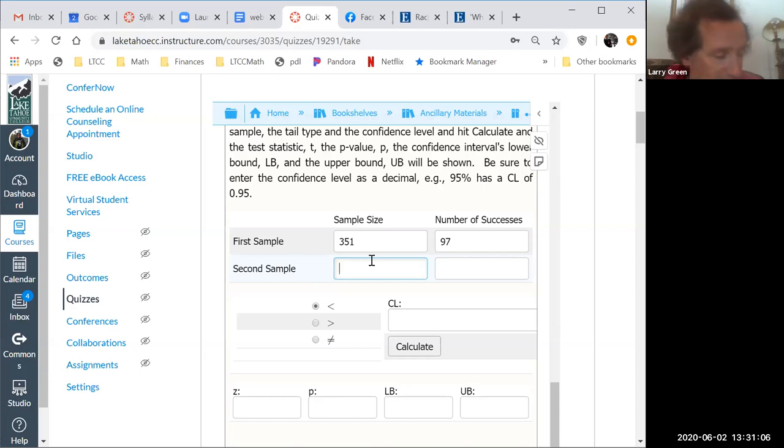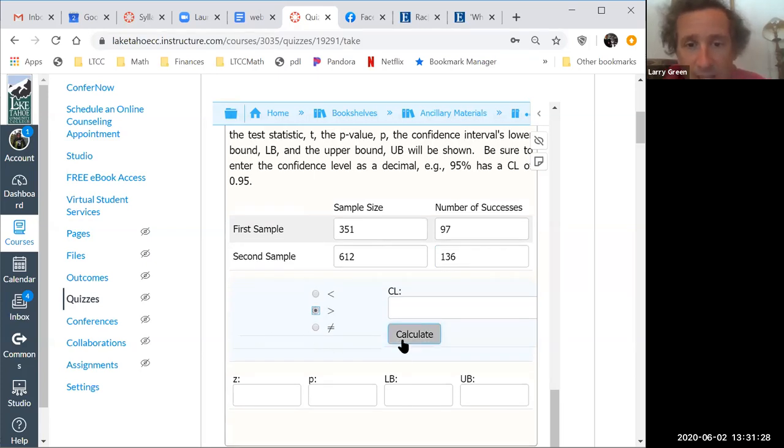For the second sample, 612, and the number of successes was 136. We want a greater than. If you want a confidence level, it doesn't matter. I didn't ask you, but just for fun, 0.95. And we hit calculate.